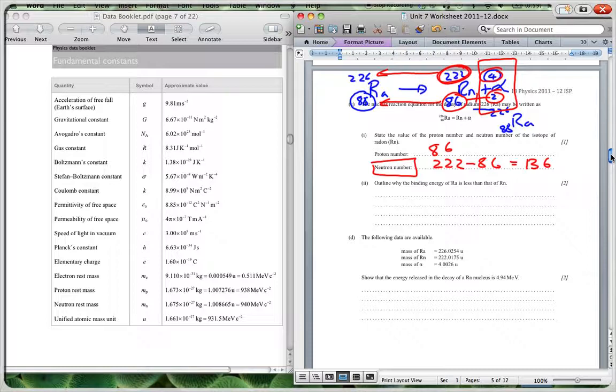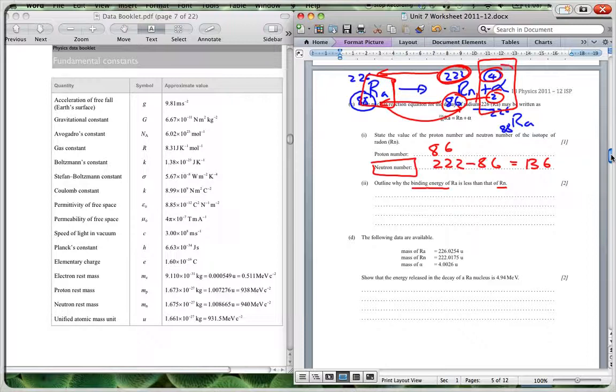Now outline why the binding energy of Ra is less than that of Rn. What's happening here is that this is your radioactive substance. So this is unstable, and this becomes more stable, and therefore your binding energy has increased. So in the radioactive process, you're getting a stabilization of the nucleus. Therefore your binding energy is increasing.